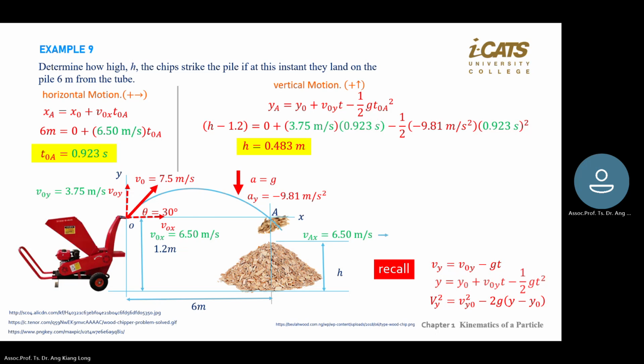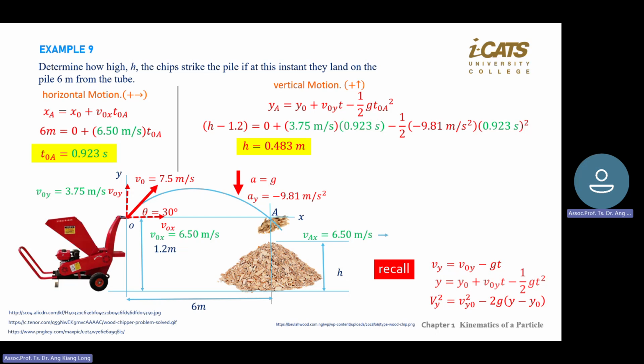Which one? YO? What is YO? YO is here, YO is 1.2. Here my YO you cannot put as 1.2, because your starting point is 0 here. If you put 1.2, it means your axis starting point is 1.2 here, not from the mouth here.